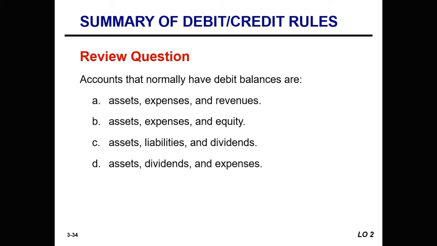Therefore, they're going to have a normal debit balance, so it's D. We'll go ahead and end this particular lecture here, and we'll talk about the recording process next.